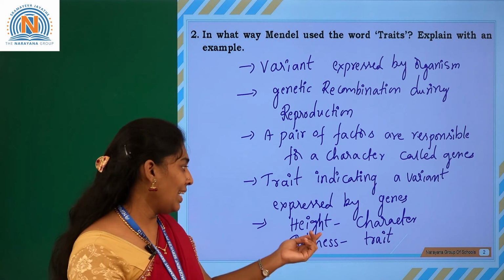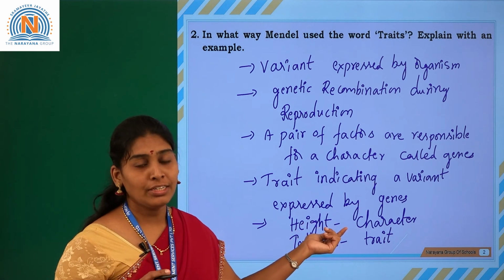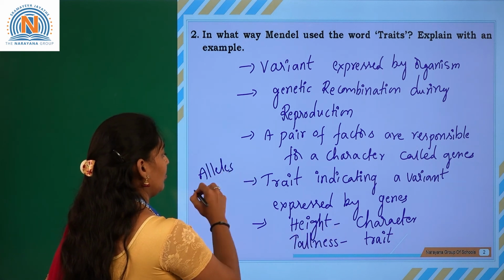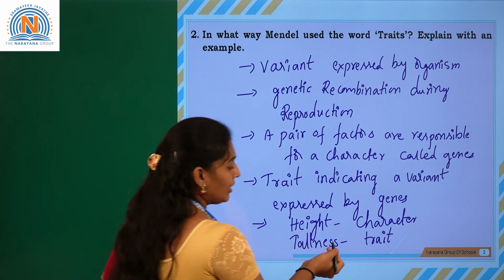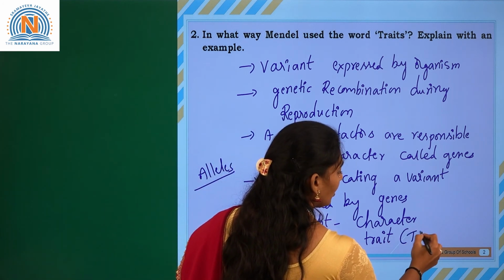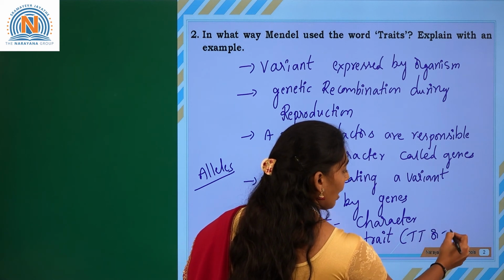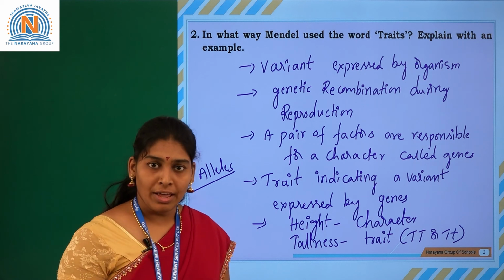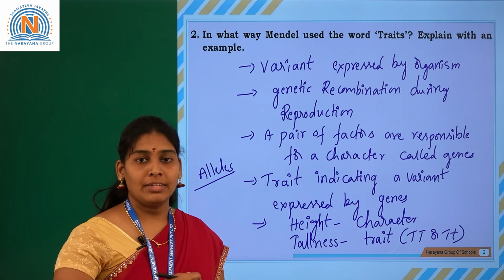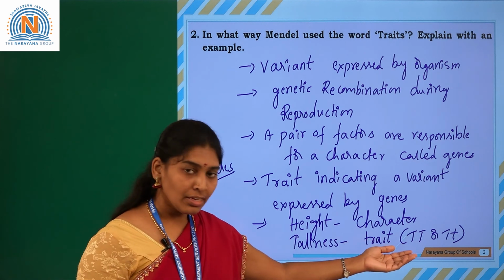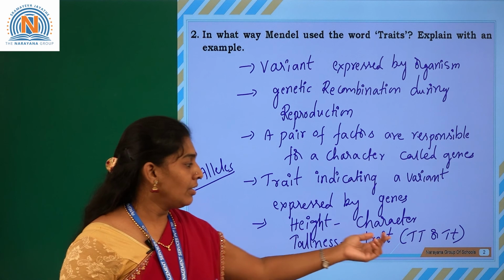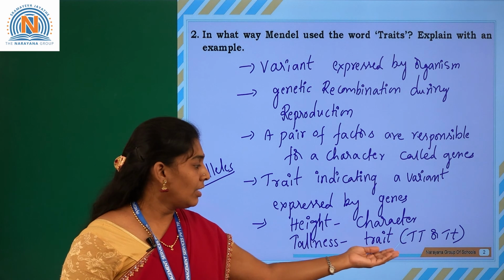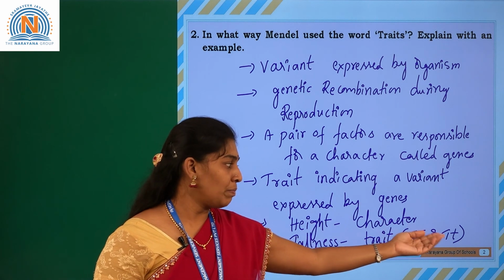This we can express in the form of letters, which we call alleles. For height, or tallness, we can write capital T or capital T small t. A pair of factors that denote a character is denoted by writing letters, which are called alleles.